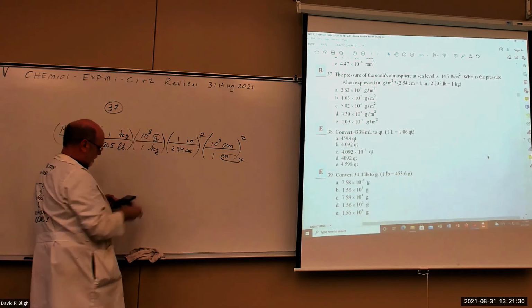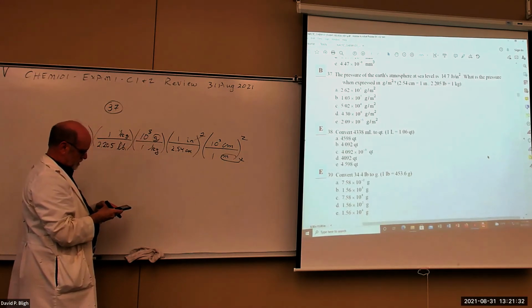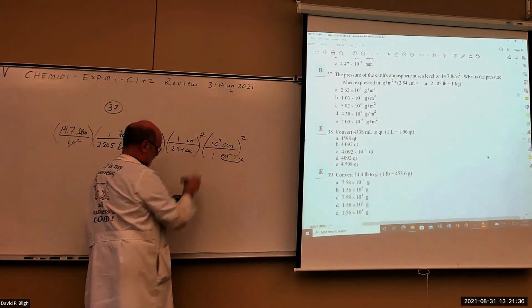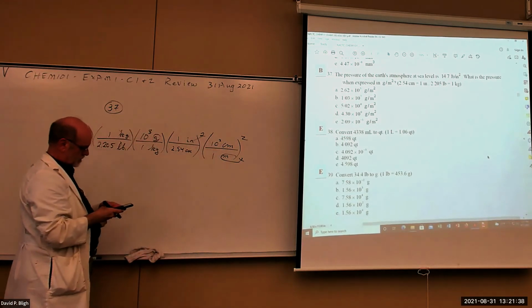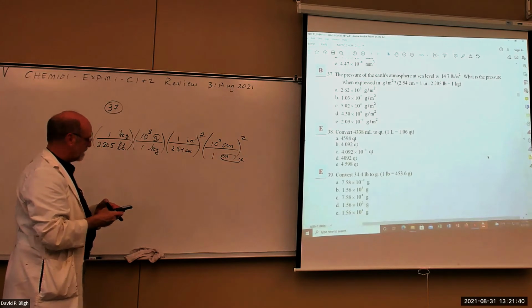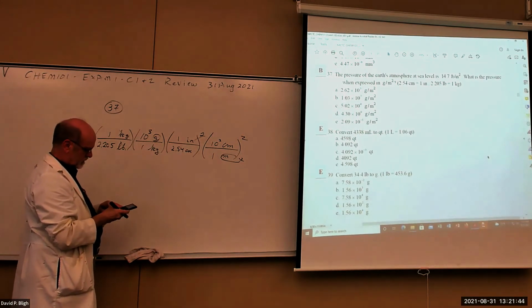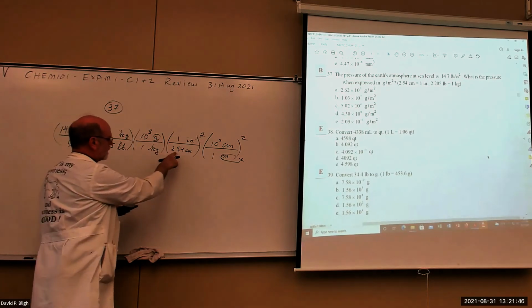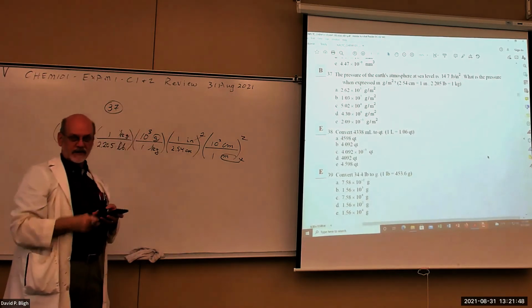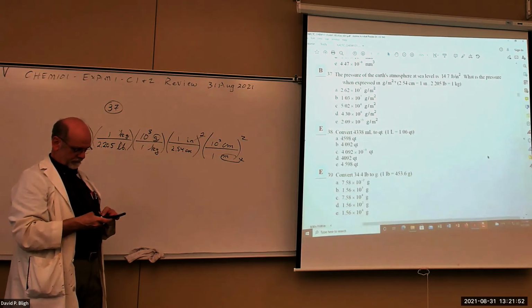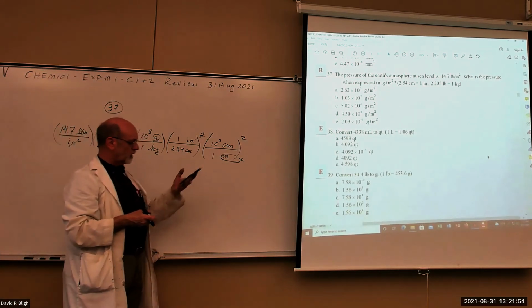That's 1, that's 10 to the 3rd times this number, and then 1 squared times it, and then 10 to the 4th times it. Okay, now I come back and divide. 2.205, and then 2.54 squared, and then divide that. And then 1 divided into that.